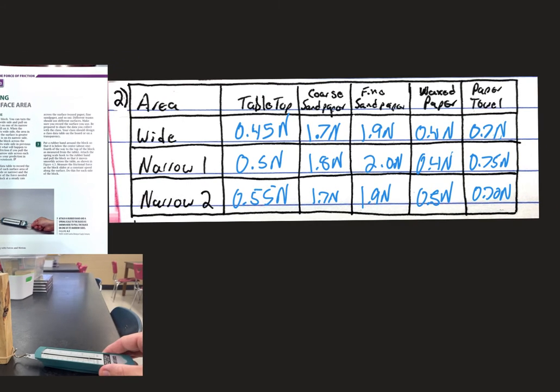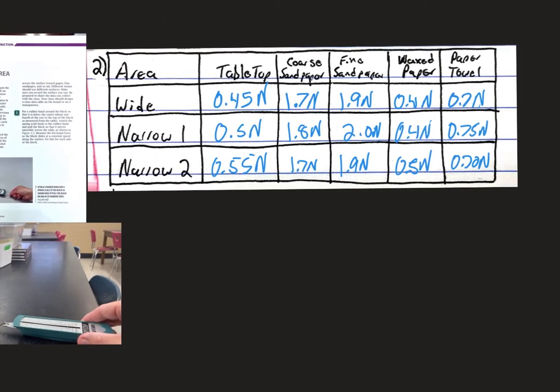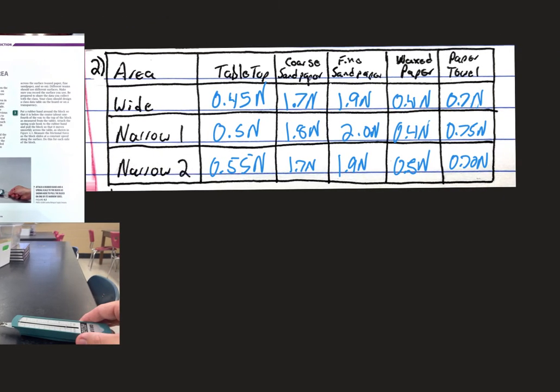So here is how everything came out. With the wide surface area, or just the bottom of the block in contact, that was the force of friction on each of the surfaces. So take a moment, pause the video, and look at each of the surfaces and the values for wide.